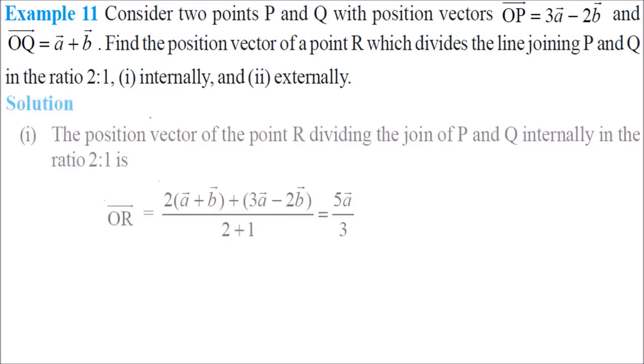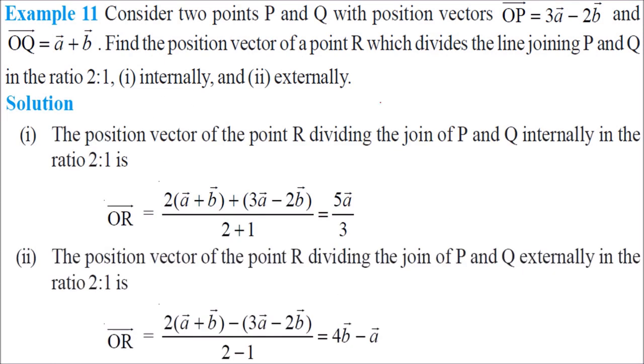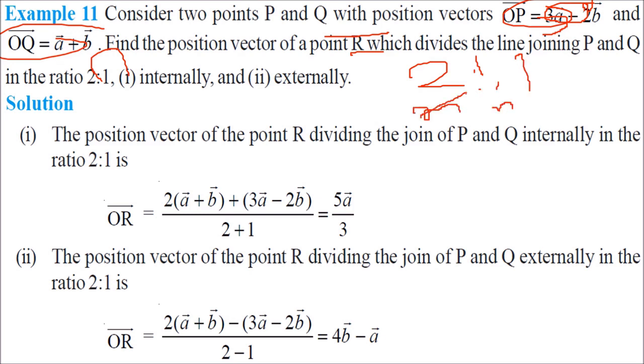So let us take an example. Consider 2 points P and Q with position vectors 3A minus 2B and A plus B. Find the position vector of R which divides the line joining P and Q in the ratio 2:1. Here 2:1 is M:N. So internally it is M into (A plus B) plus N into (3A minus 2B), divided by 2 plus 1.